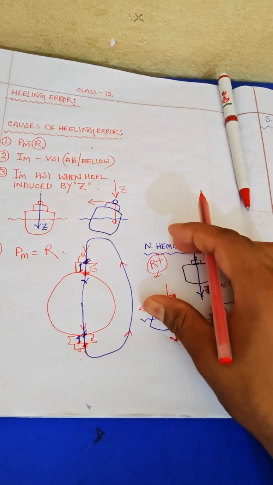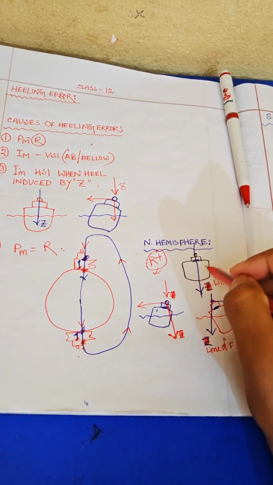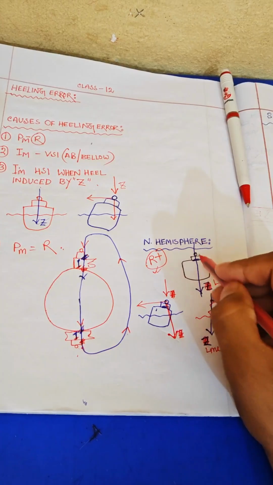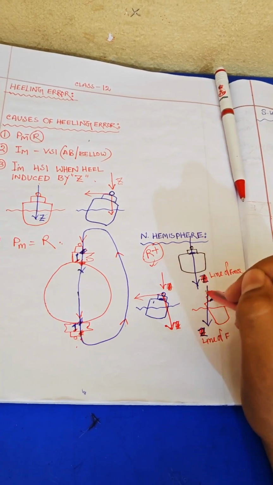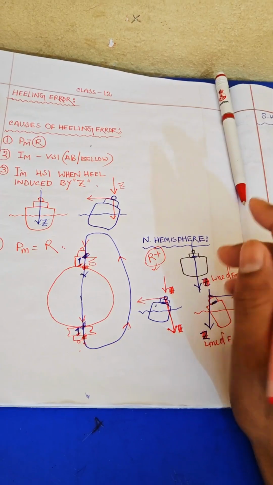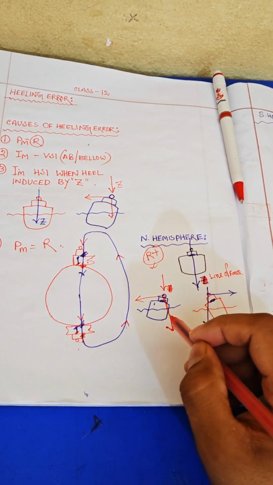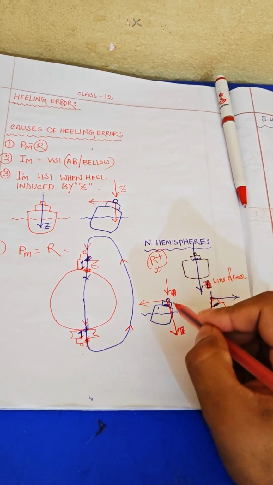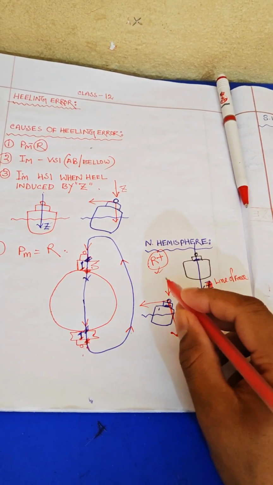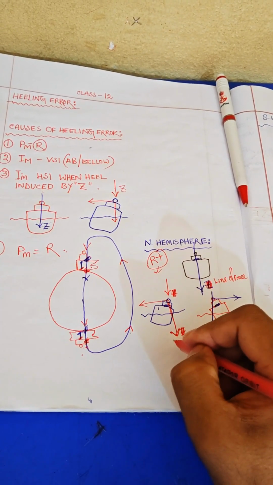So for the northern hemisphere, this is the vessel, with green polarity on deck, correct? The line of force is coming this way, so there will be no effect here. No effect. And when the vessel heels over to any side, like on the starboard side, this is the vertical component created by the line of force.